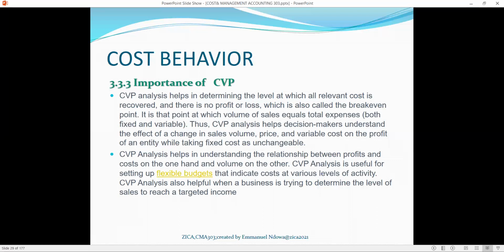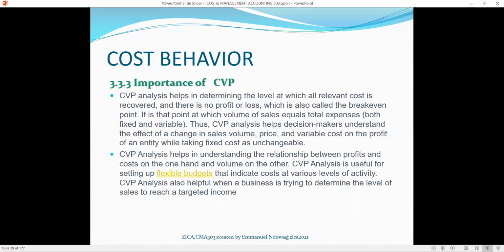The CV analysis is also helpful when a business is trying to determine the level of sales to reach a targeted income. At different levels of sales, you can have different revenues.